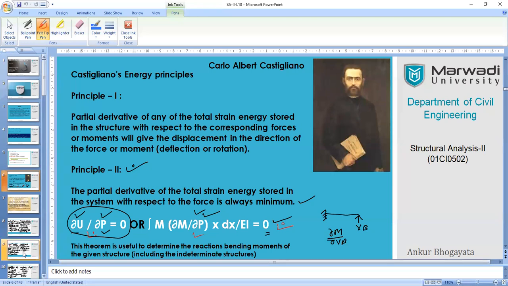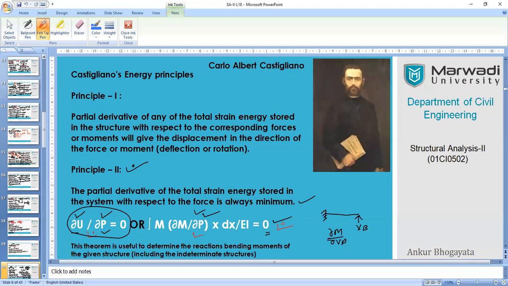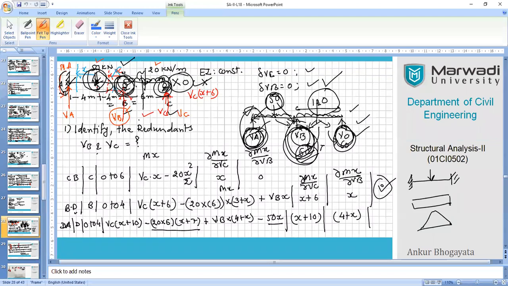In this series we have been discussing many interesting indeterminate structures, and we started employing energy principle number 2 to solve continuous structures, prop cantilevers, and now we have reached the stage of structural analysis for trusses.